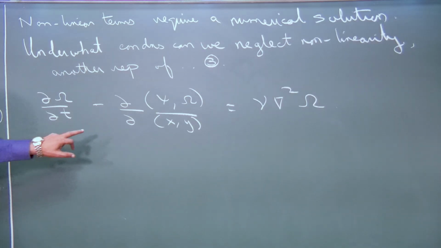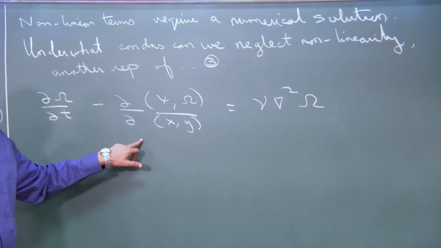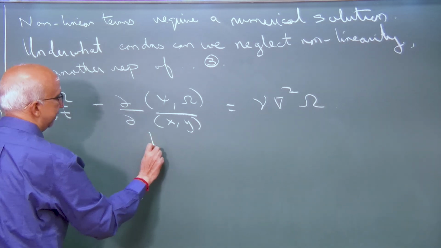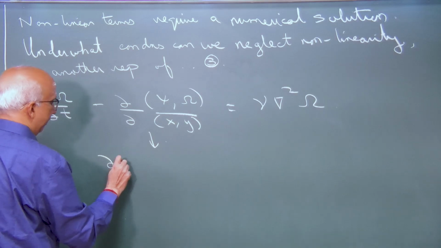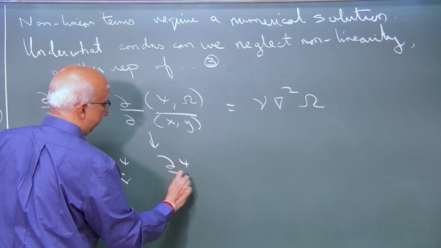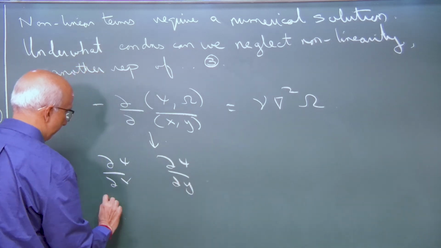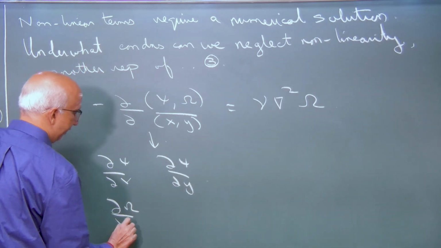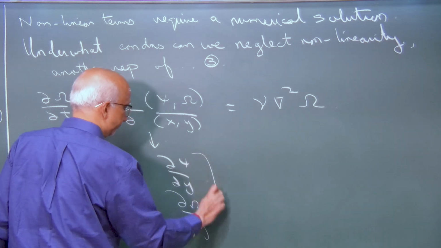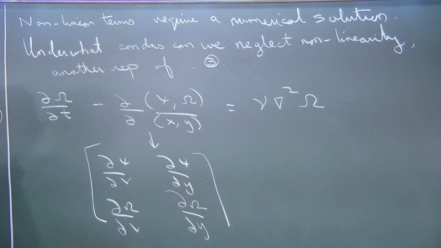So, what is this term? This is basically the Jacobian of a matrix. This term is nothing but d psi by dx, d psi by dy, d omega by dx, d omega by dy. You take the determinant of this.